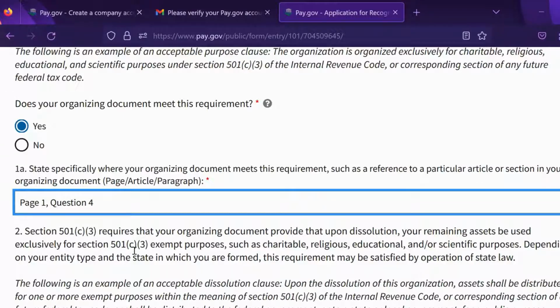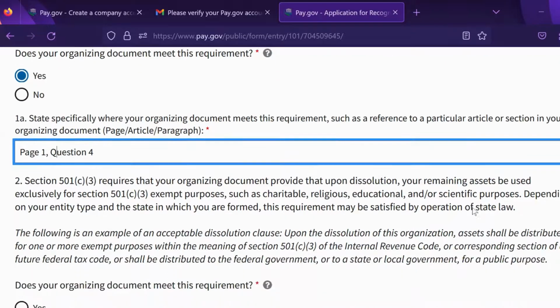Number 2. Section 501(c)(3) requires that your organizing document provide that upon dissolution, your remaining assets be used exclusively for Section 501(c)(3) exempt purposes such as charitable, religious, educational, and/or scientific purposes. Depending on your entity type and the state in which you are formed, this requirement may be satisfied by the operation of state law.